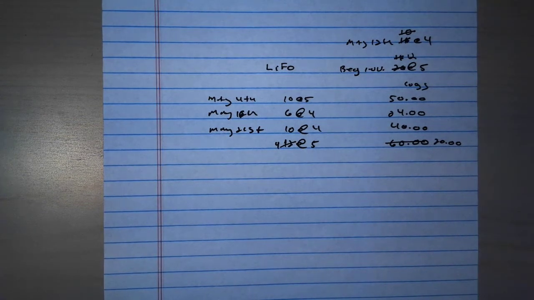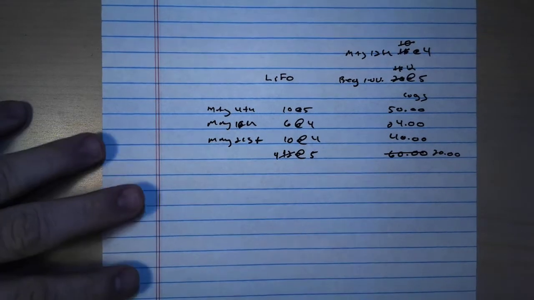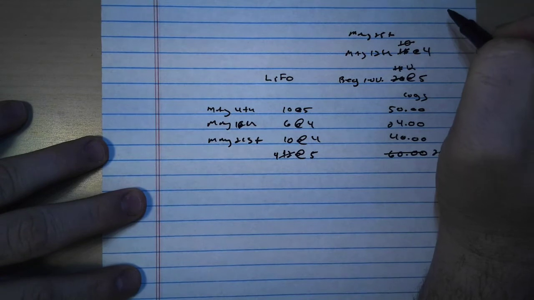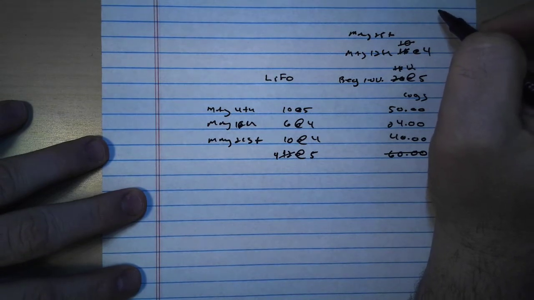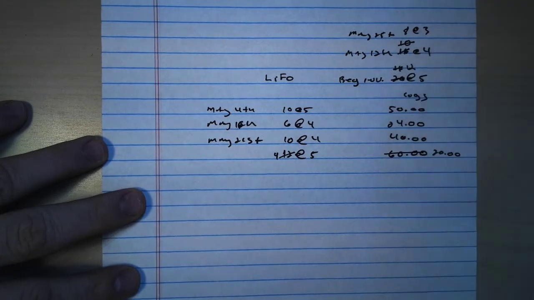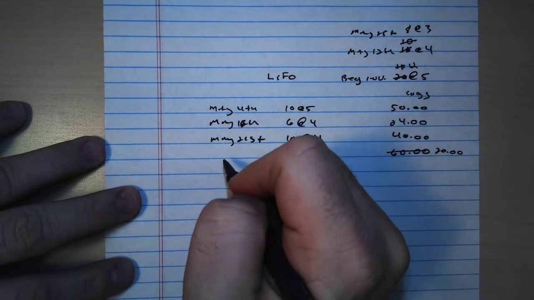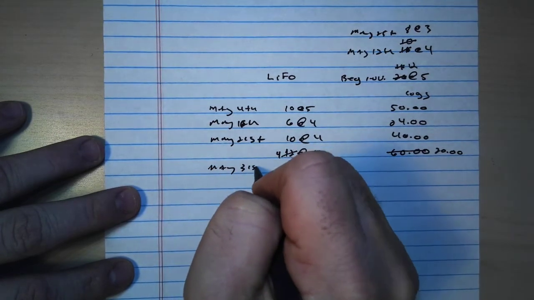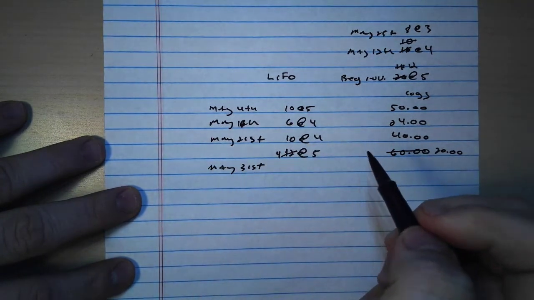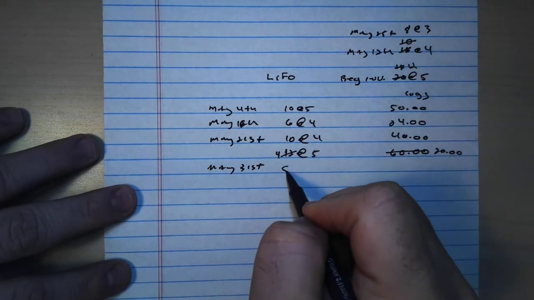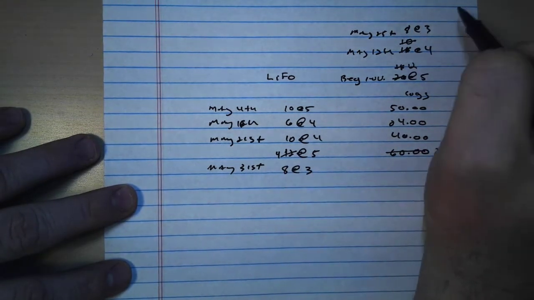All right, good. So going on to the next one, we purchased on May 25th, 8 at 3. And then on the 31st, we made our last sale, and we sold 17. So we're going to use the 8 at 3 because this is LIFO.